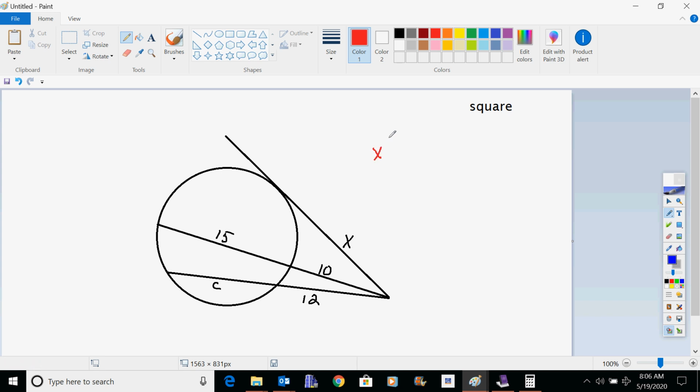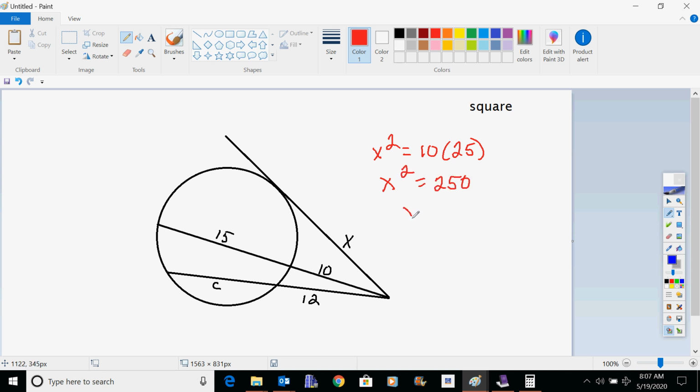So we're taking x squared equals 10 times 25. We can ignore this one. You don't have to bring everything into play, but our tangent is like this. So x squared equals 250.